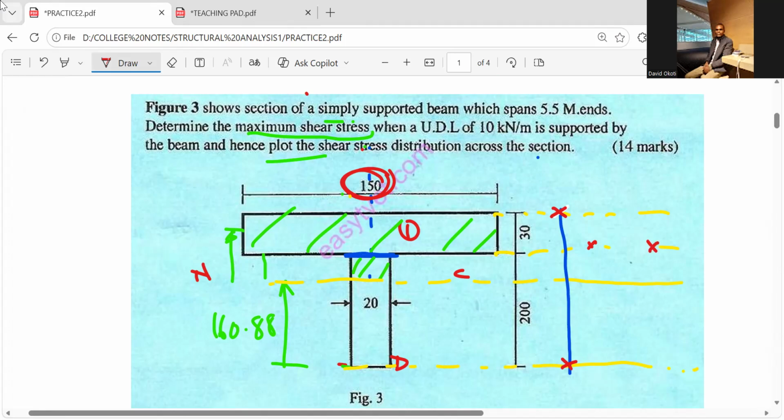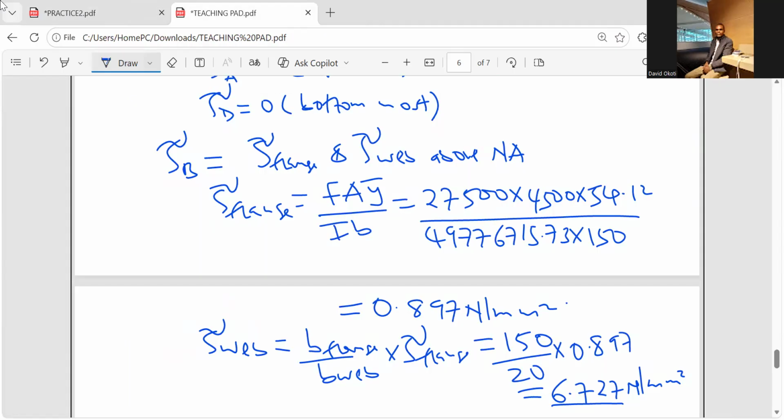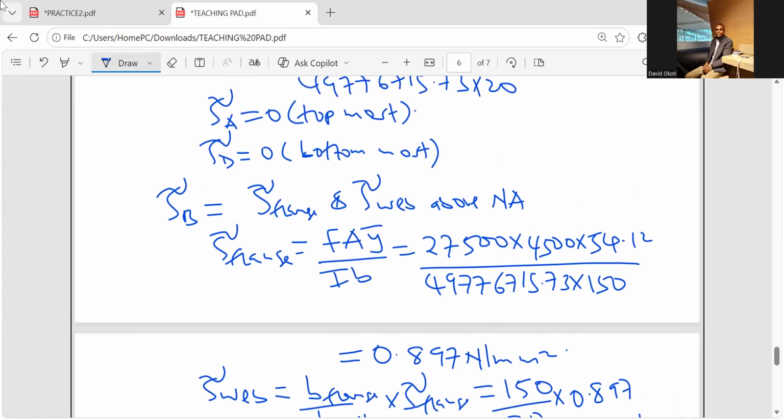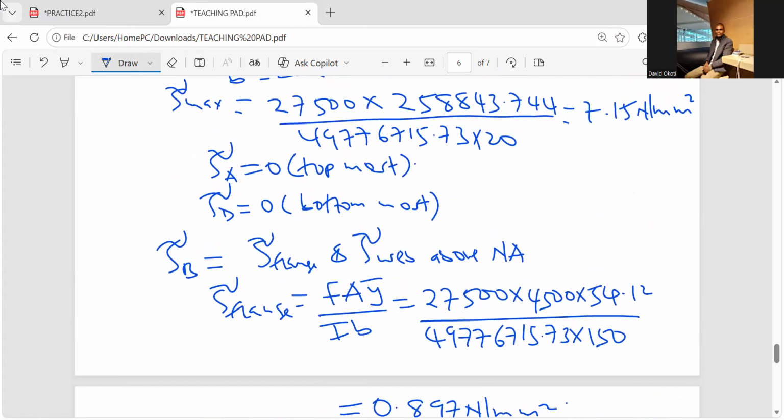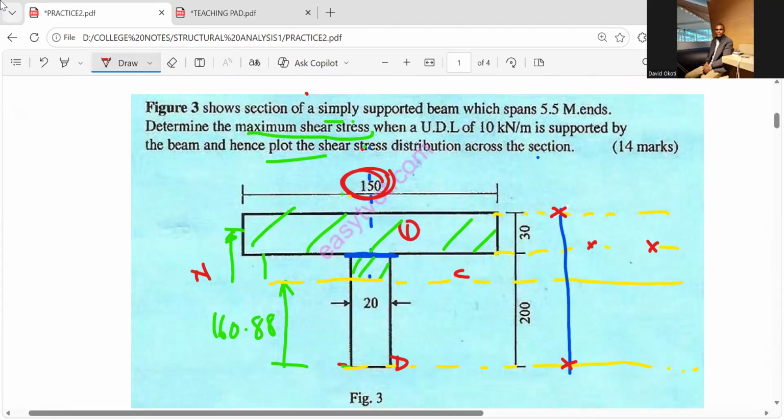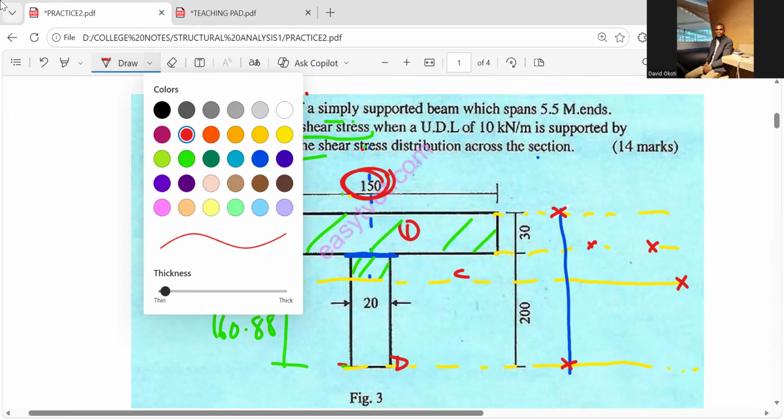Then from there, I move to the neutral axis. Neutral axis should be the highest value. Let's check. The value at neutral axis, you can see it is 7.15. So I plot at the neutral axis, but then it comes to 0.